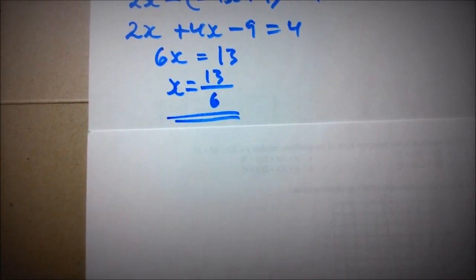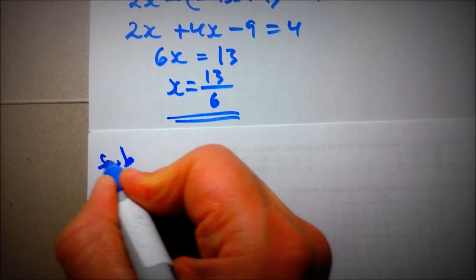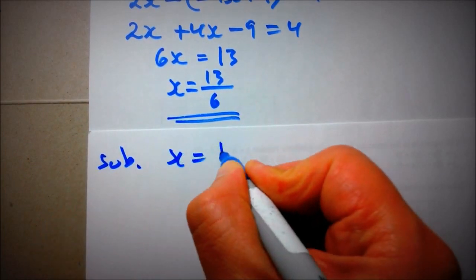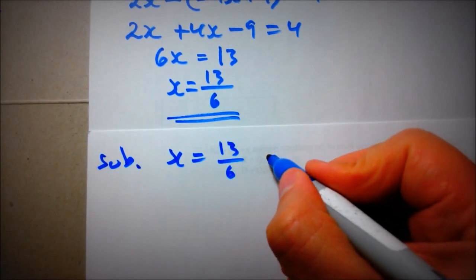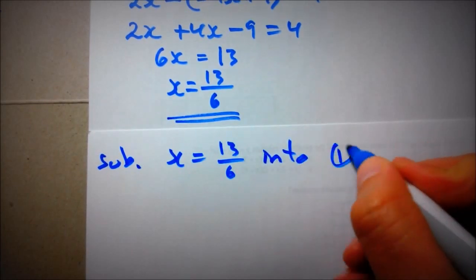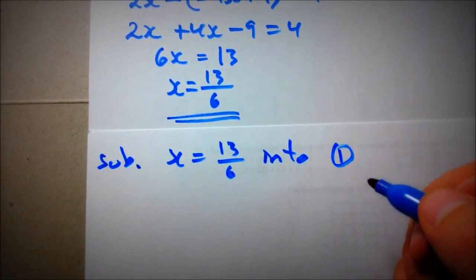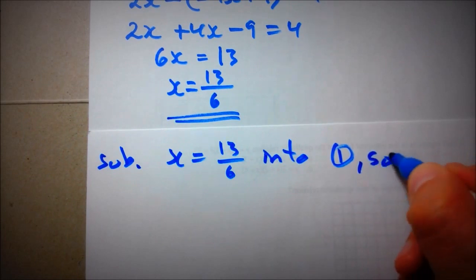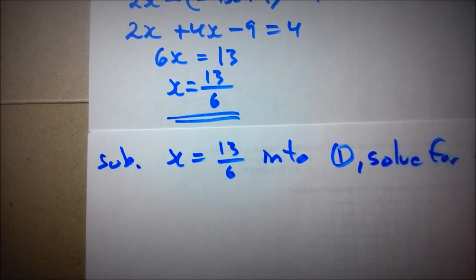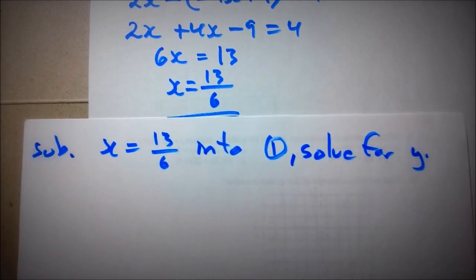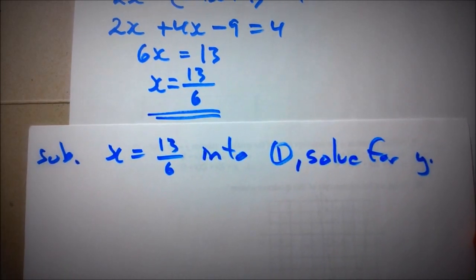So now we're going to take, as I said before, x equals 13 over 6 into equation 1, and then we're going to solve for y. I don't think I was writing that on the other examples, but essentially that's what we're doing.